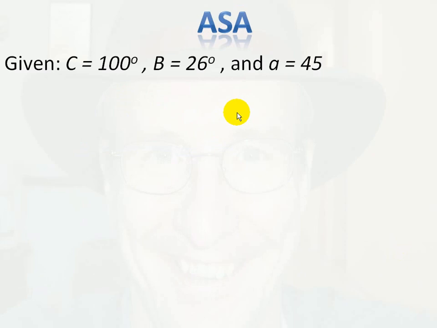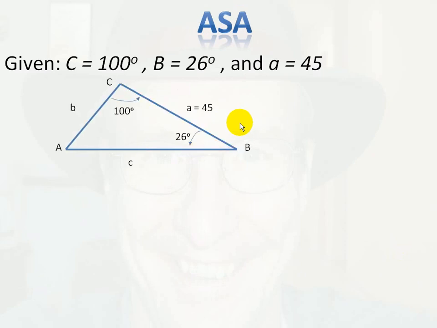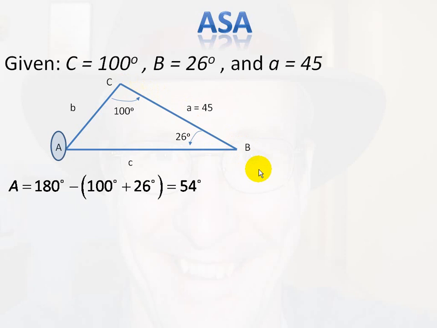Okay, now let's look at angle-side-angle. Here we've got the C is 100, the B is 26, and the A is 45. So now the side that we're given is included. And still we can find the angle A as before.